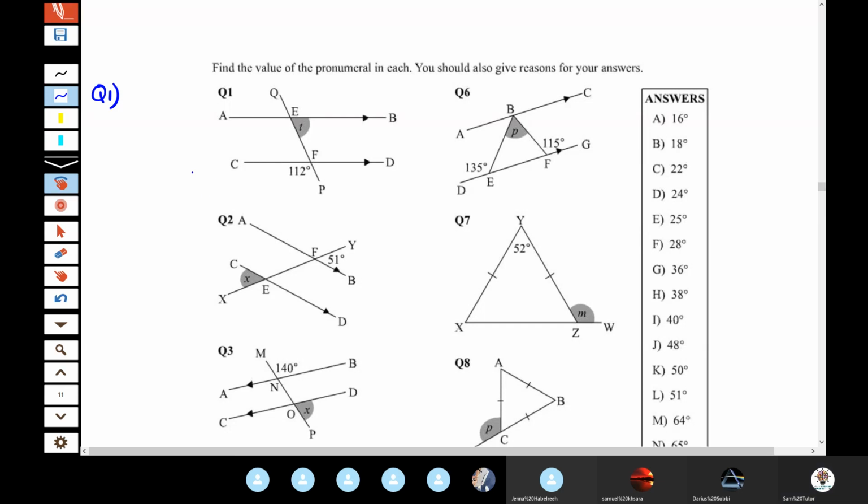Samuel, tell me the first thing you want to write. And you have to use, obviously, the letters. So you've got to tell me angle. Angle what? Samuel? All right, you're overthinking again.